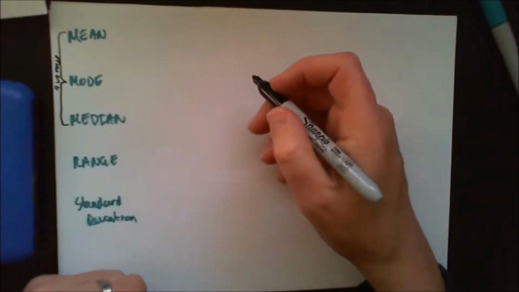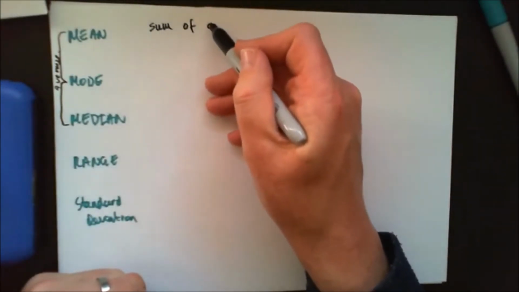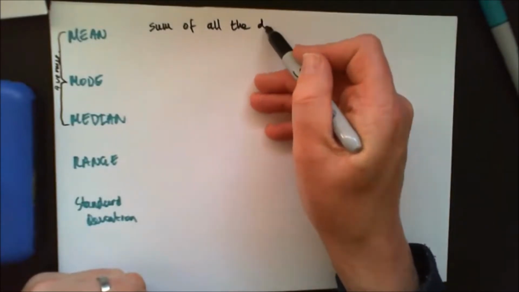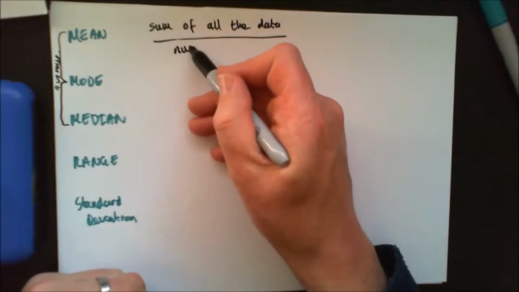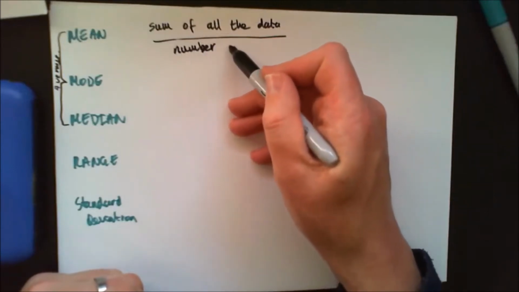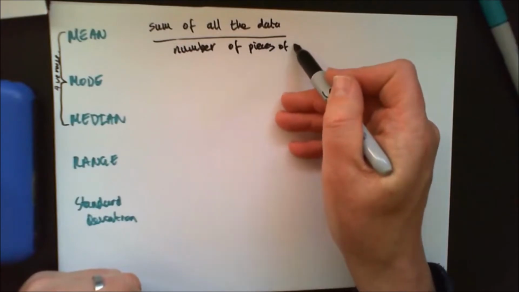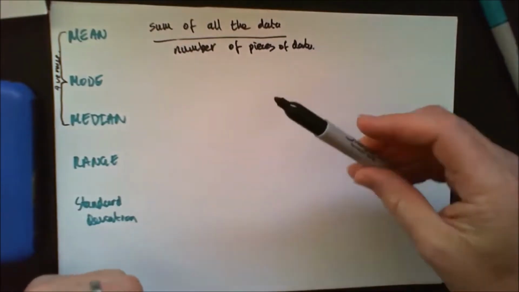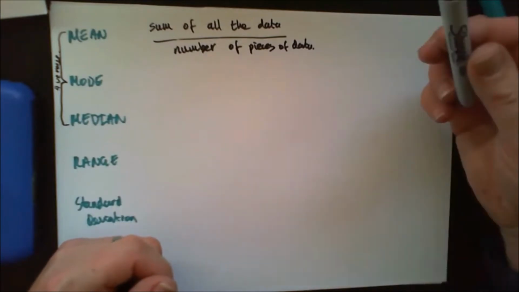The mean takes the sum of all the data and divides it by the number of pieces of data. So it adds all the numbers up and then divides by how many numbers there are. Simple enough as that.